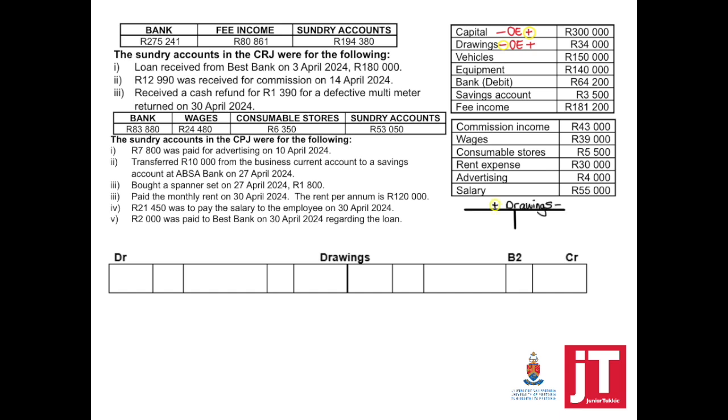And then you've also learned from dead click, which we spoke about many times now. Drawings will always plus on the debit side, which will have a negative effect on the owner's equity. So there are many different ways of understanding that drawings, the balance brought down, will appear on the debit side.